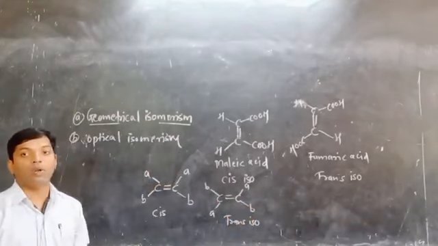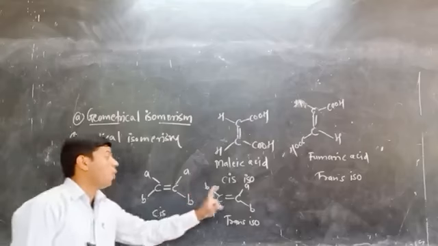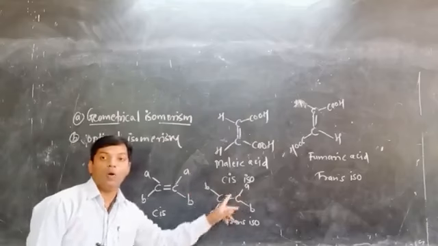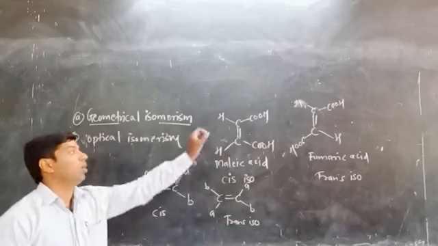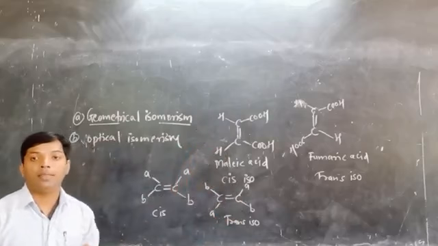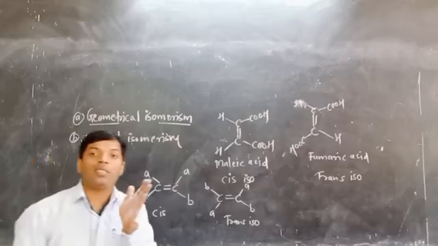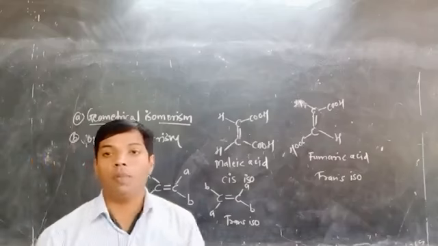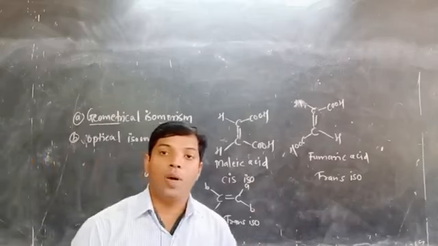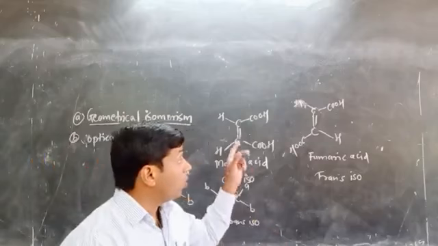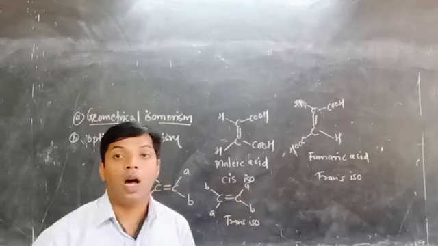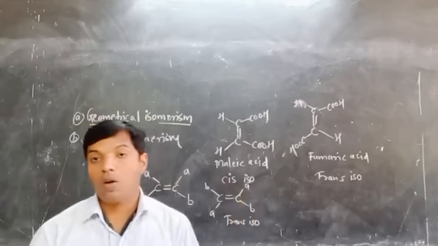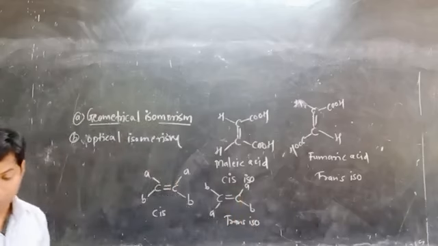Similar atoms or similar groups placed on opposite sides of the carbon double bond are called the trans isomer. The best example is maleic acid, where two COOH groups are attached on only one side of the carbon double bond, and in fumaric acid the COOH groups are attached on opposite sides of the carbon double bond, which is called trans isomerism.